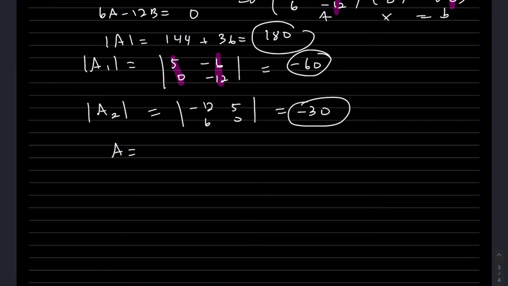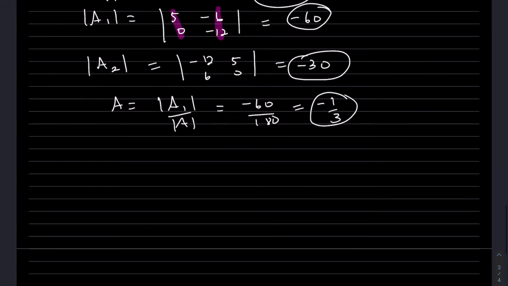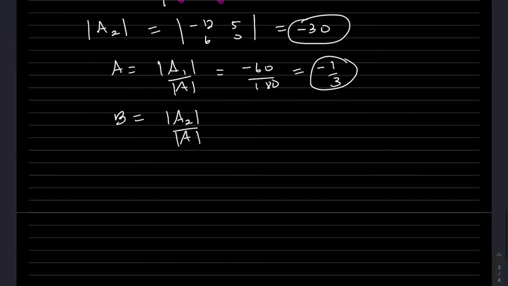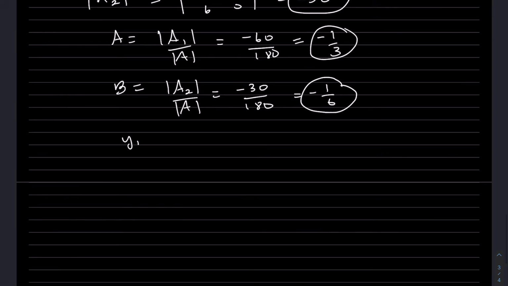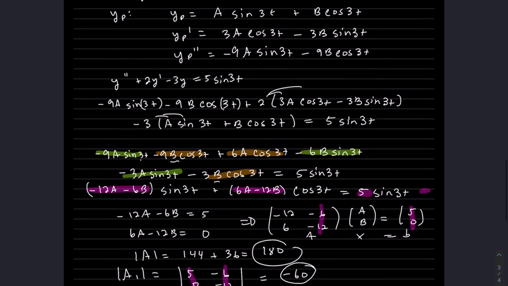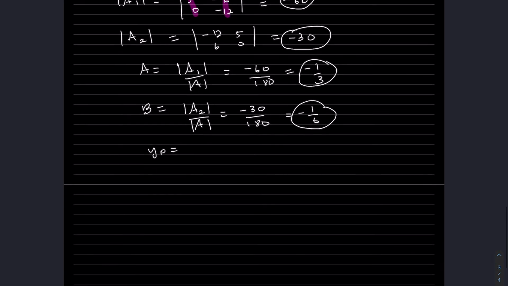So a, oops, I gotta be careful there, a and b. This a1, our b is a2 divided by the determinant of A. So my solution for yp, and we found a and b. So yp is equal to minus 1/3.